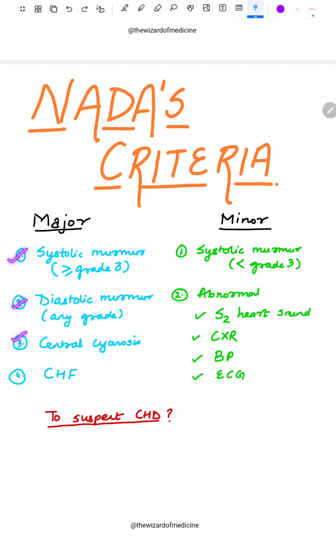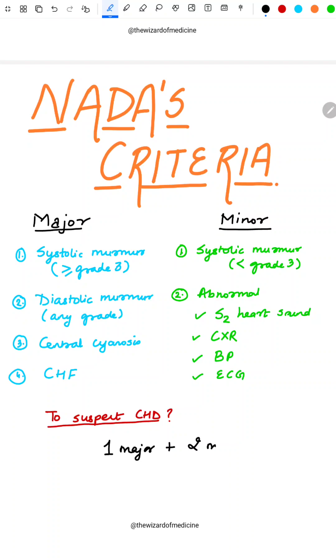These are the 4 major criteria. The presence of systolic murmur of less than grade 3, abnormal second heart sound, chest x-ray, blood pressure, and ECG come under the minor criteria. So when to suspect congenital heart disease? When we have 1 major plus 2 minor criteria, then we can suspect congenital heart disease.